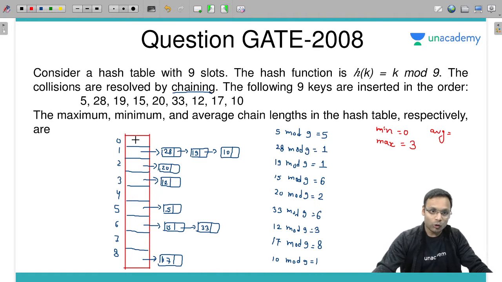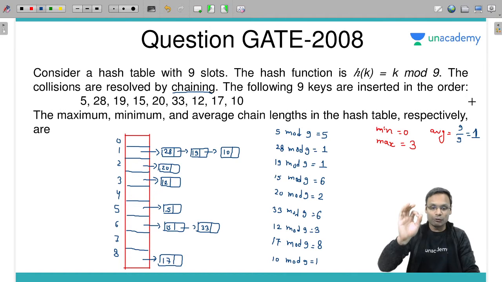Look at this. In total 9 keys are distributed, right? So total chain length 9. Per slot, how many on average? 9 divided by 9 slots, answer is 1.